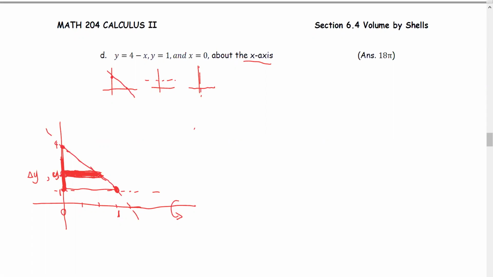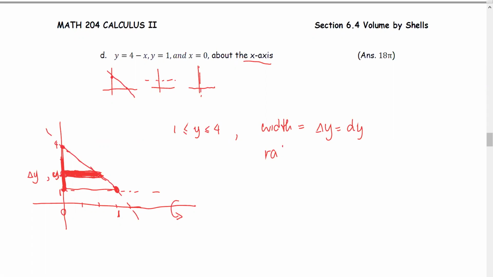Therefore, the interval of integration would be from positive 1 to positive 4. The width or the thickness is delta y, or dy.